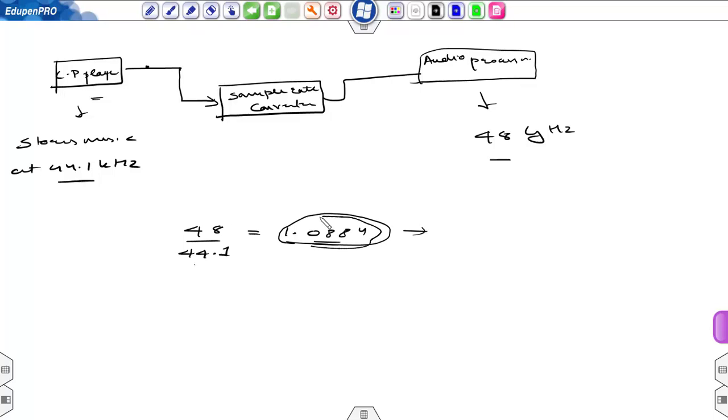Till now we have upsampled or downsampled by using integer factors, and this is not an integer factor. So using the previously discussed method we cannot convert it. We have to develop a new approach for rational numbers, if the upsampling factor or downsampling factor is a rational number. Let's see what the solution is for this.